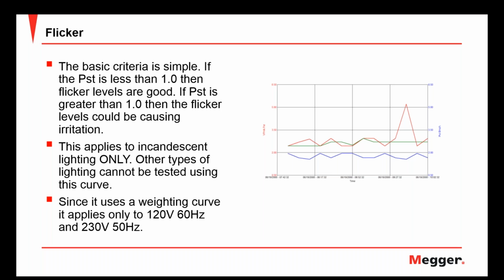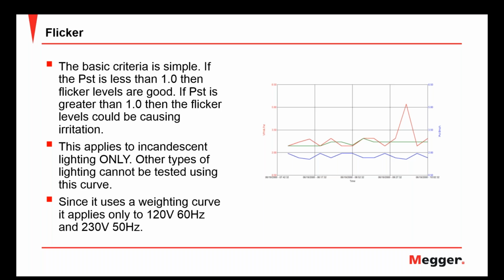Well, basically, if your short-term flicker is less than 1.0, you really have no issues with it. Any light flicker from that should not cause noticeable issues with the human eye. If it starts going over 1.0, it means that the light flicker you're seeing could have impacts on the human eye, where they could start noticing it and it could become irritating.